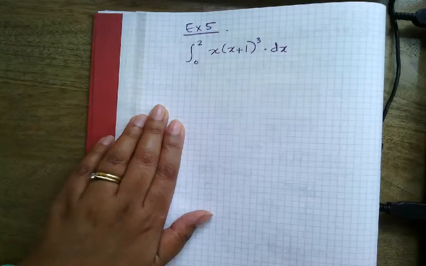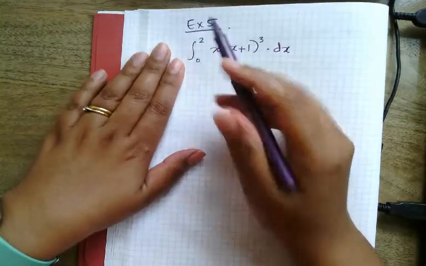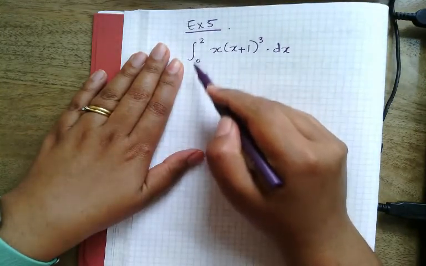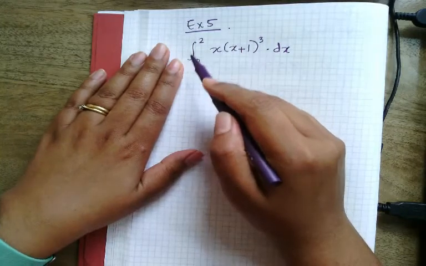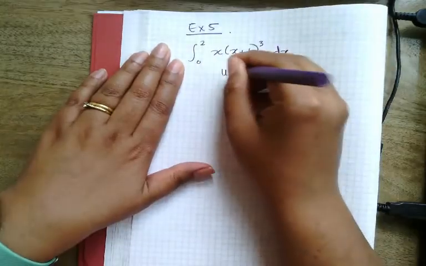Now this example is a little bit different because I'm asked to find out the definite integral. I've got some limits here, so I've got to use substitution, and I've got to remember to work out what the definite answer is going to be if I plug in the limits. So I'm going to start by my substitution.